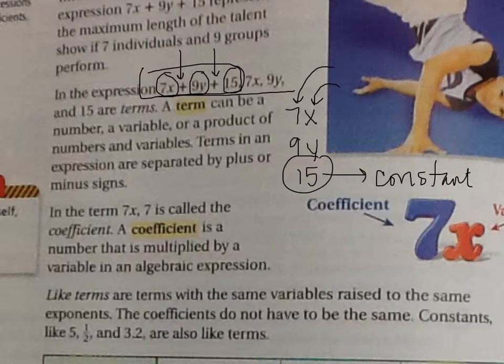Okay, so if you look at that expression, 7x plus 9y plus 15, are there any terms that are alike? No. You have x's, y's, and a constant. They're all different. So you need to know what a coefficient is, and you need to know what a constant is.